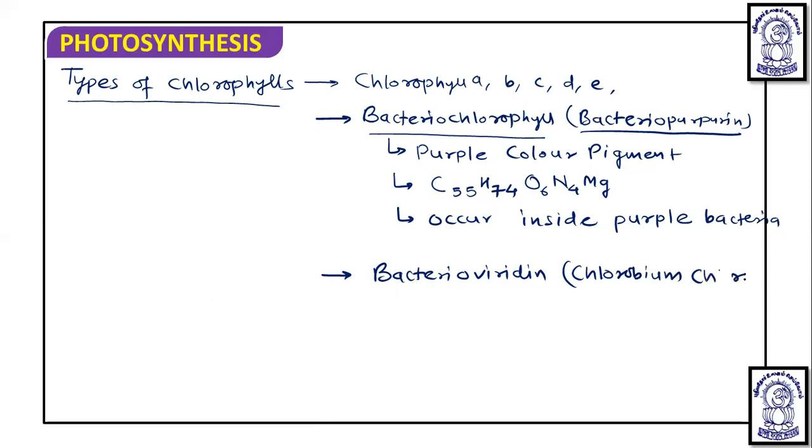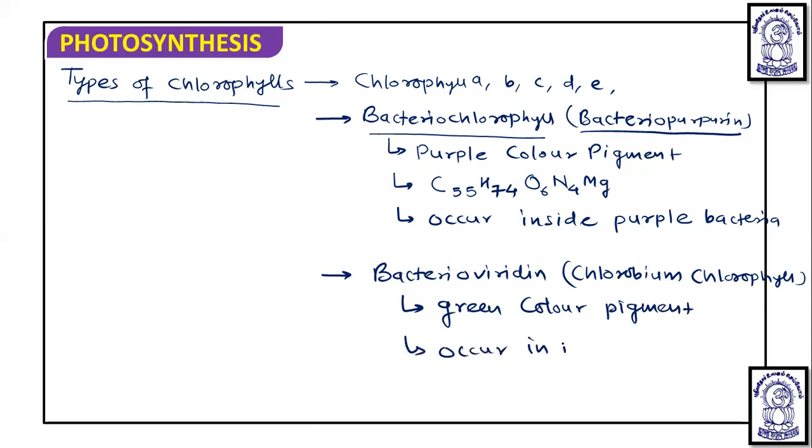And this chlorobium chlorophyll is a green color pigment, and it occurs inside green bacteria. Okay, so that is what the different types of chlorophyll are.